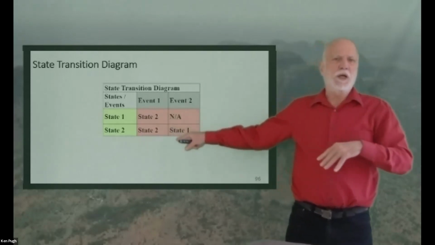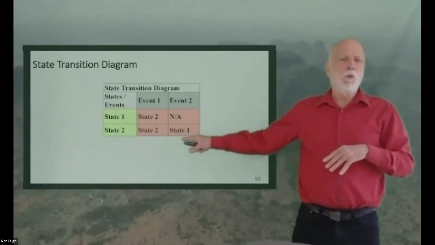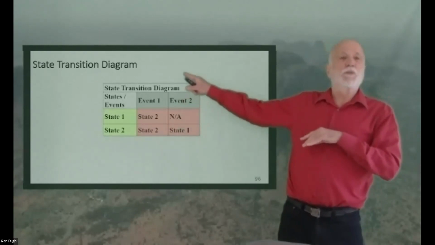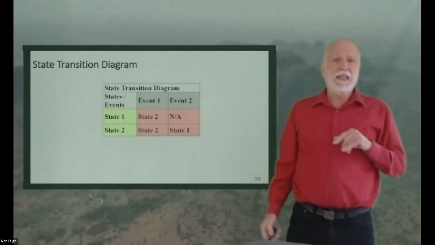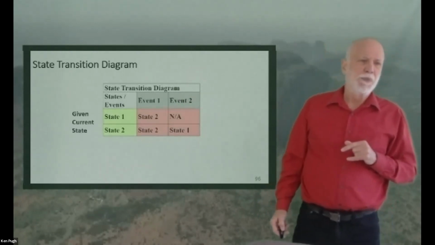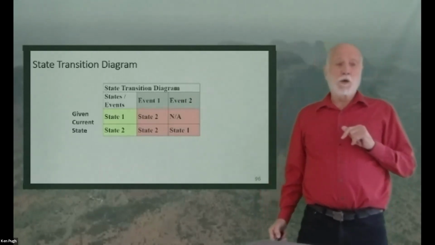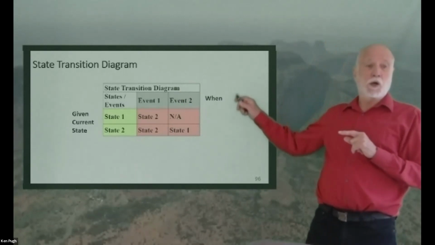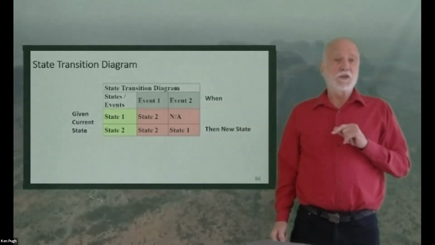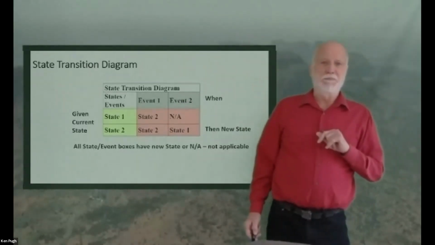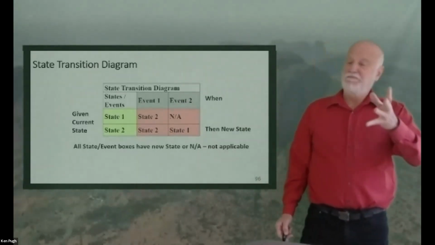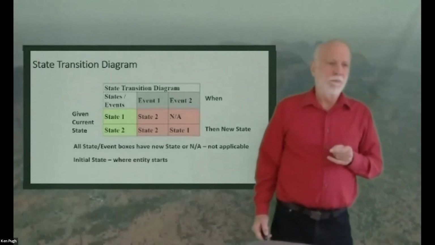And if event 2 occurs, we simply go back to state 1. So maybe events, we stay in the same state, maybe we go to a different state, or maybe we say, that could never possibly happen. So given our current state, when an event occurs, then we get a new state. And every box is filled in with either a new state or not applicable.